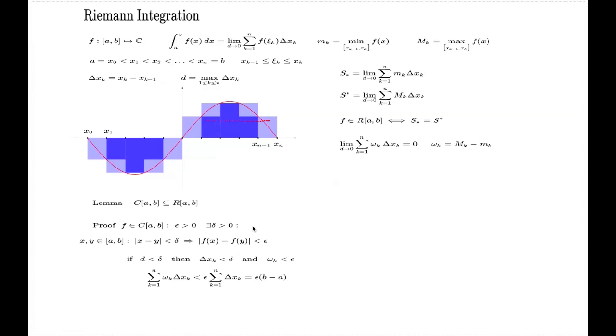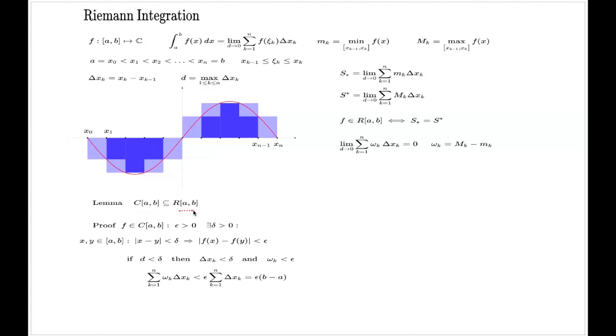That basically finishes the proof, because for every fixed epsilon I found a delta such that, as long as the diameter of my partition is less than this delta, my sum is less than a scaled epsilon. This is exactly the definition of a limit. That's why every continuous function is Riemann integrable.